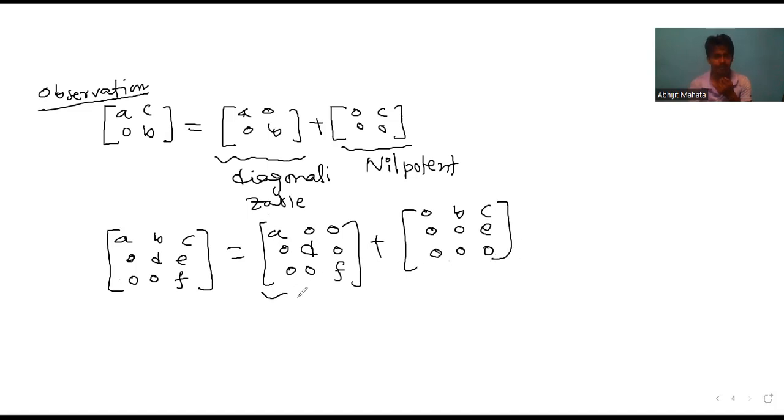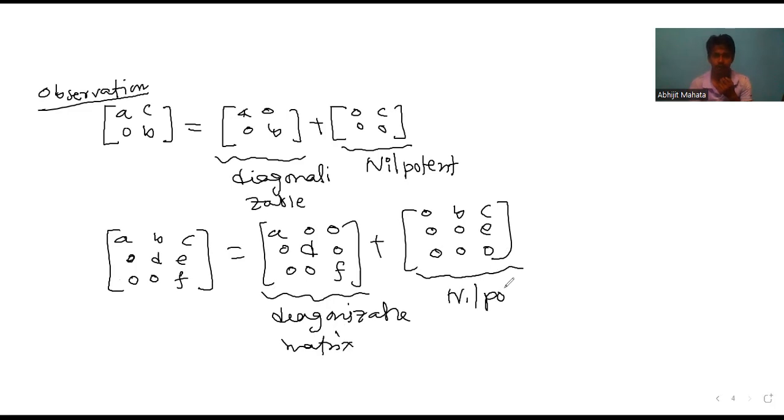Similarly, this is a diagonalizable matrix and this is a nilpotent matrix.